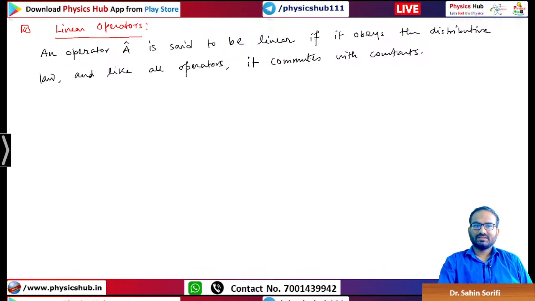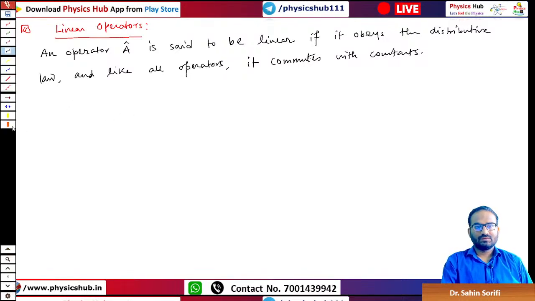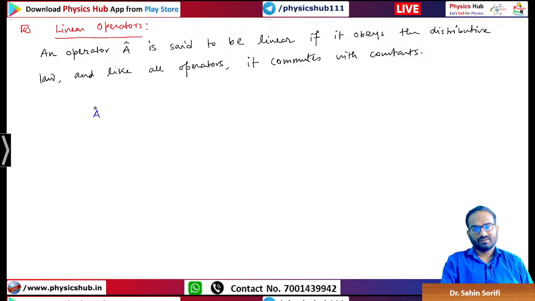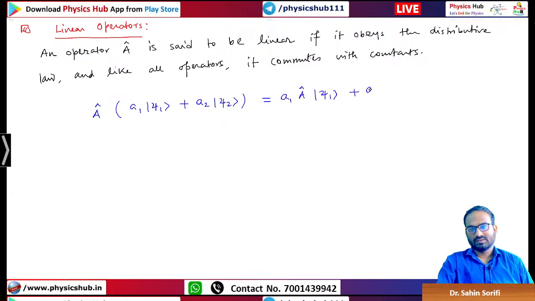So what is this distributive law? Let's say we have an operator A. If this is linear, and let's say it is applying on the state c1 psi 1 plus c2 psi 2, it will follow the distributive law, meaning this will become c1 A applying on psi 1 plus c2 A applying on psi 2.